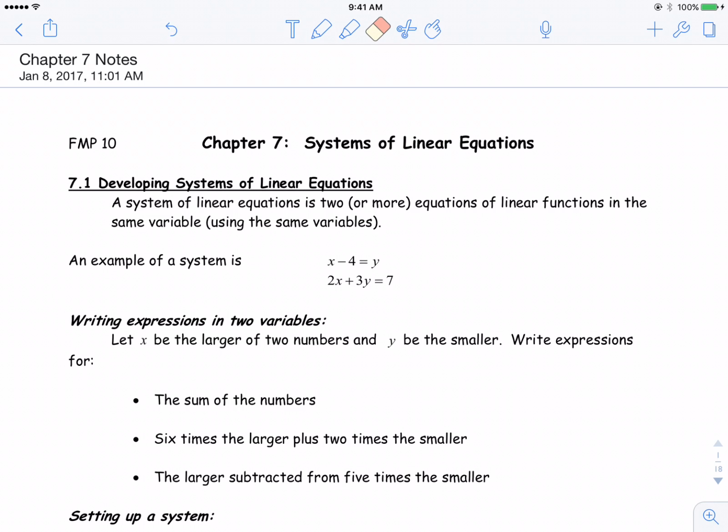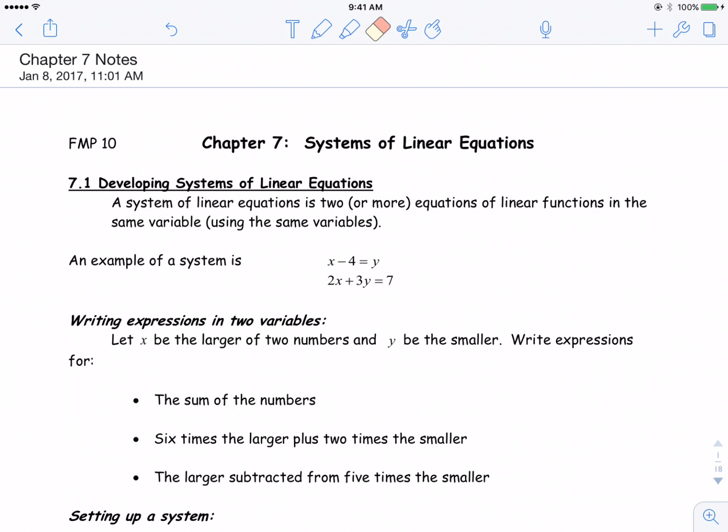But then in section 7.2, we look at solving those systems graphically. So taking those equations that we develop or we've been given, placing them on a graph and finding where they crisscross. That's the solution. In 7.3, we look at how to do that using a graphing calculator, which tends to be super easy. 7.4, 7.5, 7.6, we look at solving those systems in different ways, using substitution, using elimination, and I can't remember what the last one is off the top of my head, but solving them algebraically, so not using graphs.